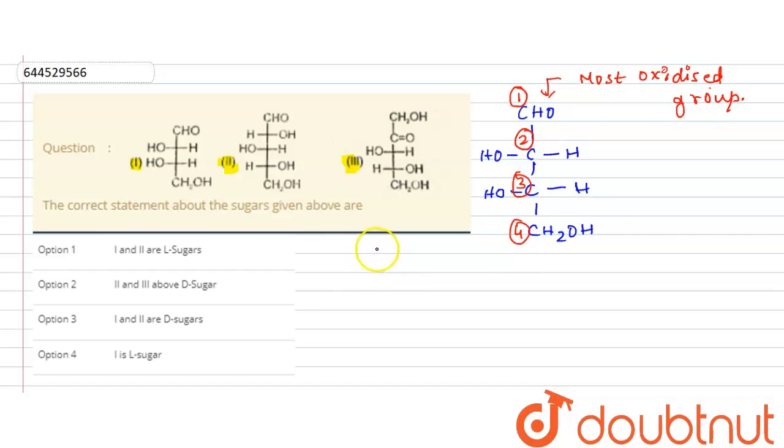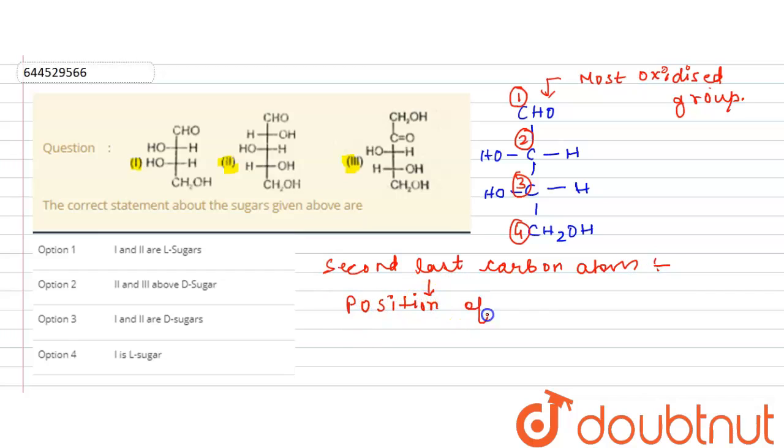Now, how to check the D and L configuration? You need to select the second last carbon atom. Then you need to check the position of OH on it.